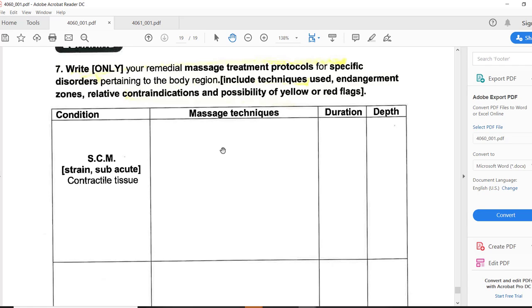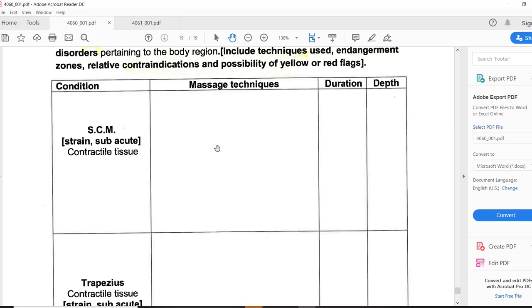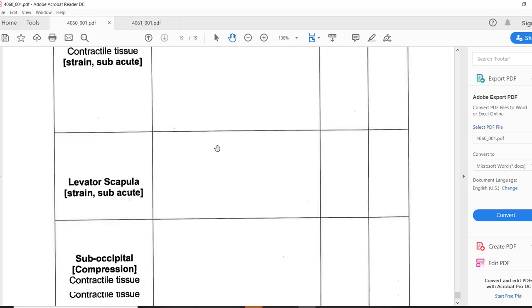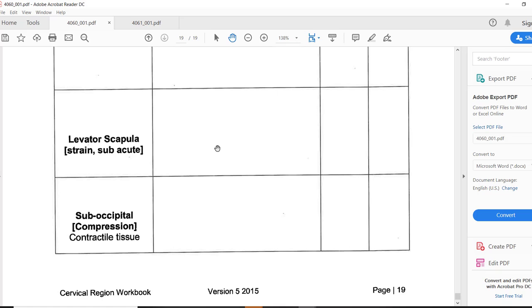So the conditions you need to do this for are sternocleidomastoid or SCM strain in the subacute stage for the contractile tissue, the trapezius muscle, contractile tissue with a strain or subacute injury, levator scapula that's been strained in a subacute stage, and suboccipital muscles that have been compressed in the contractile tissue.